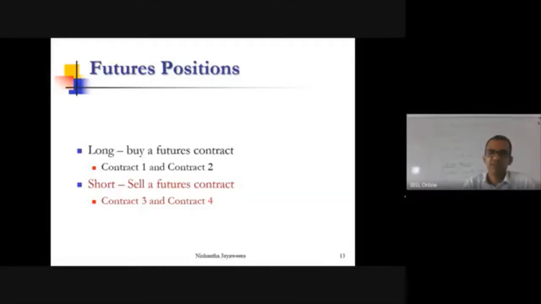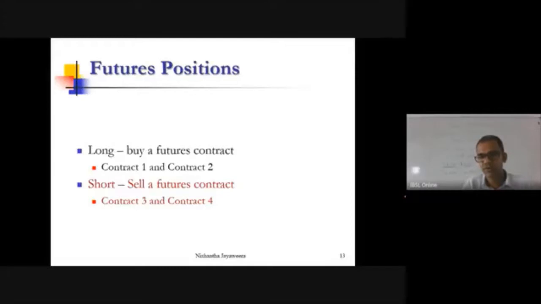Then again, a few terminologies. We say we are long a futures contract when we buy a futures contract. So contract 1 and contract 2, what we discussed, you are having long positions. Once you buy, you are having a long position. Then contract 3 and contract 4, if you just take these two contracts in isolation without having previously contract 1 and contract 2, then you have a short position.